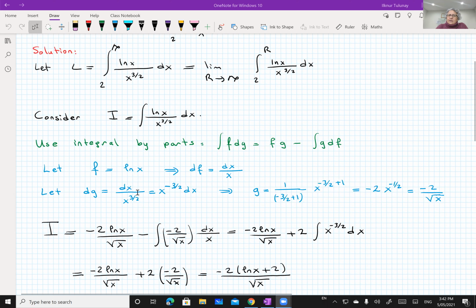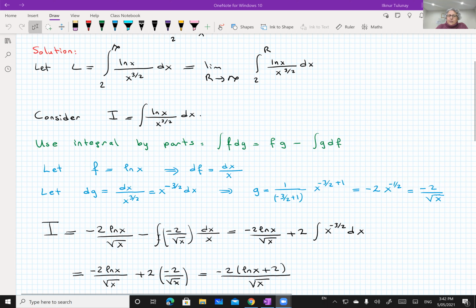So now we can substitute all the information that we got here into this formula. This is f and this is g. So multiplication will give us this factor.